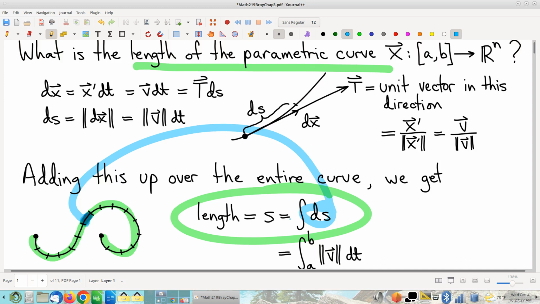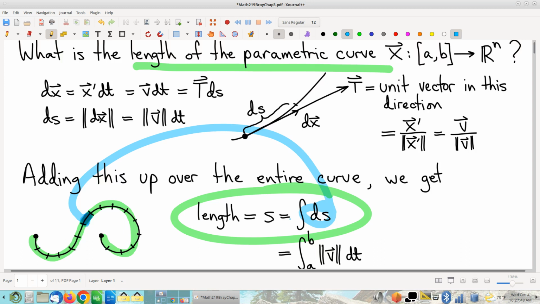This is a callback to what you know about integrals. By the way, we're going to be talking a lot about multivariable integrals in this class. But the big picture takeaway of integrals is that they allow you to chop up a hard question into little pieces and just add up the little pieces. And that's all I'm doing here.